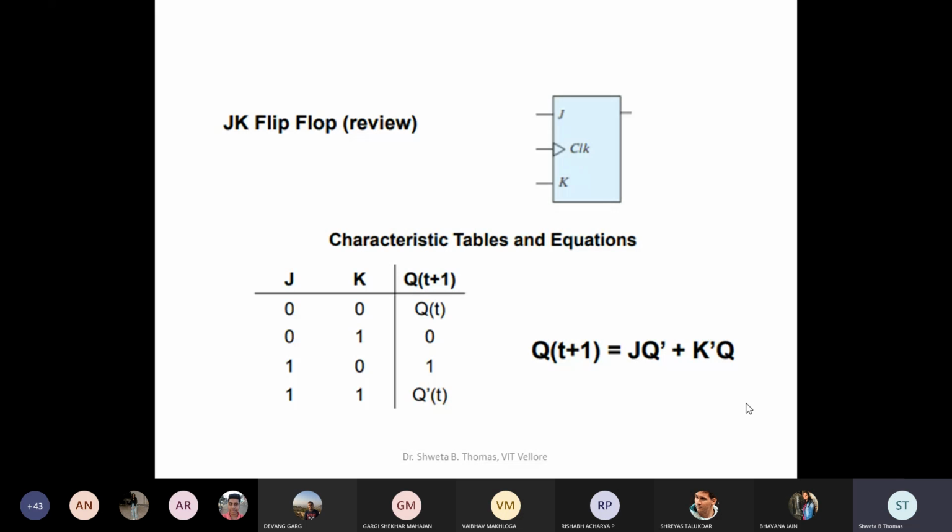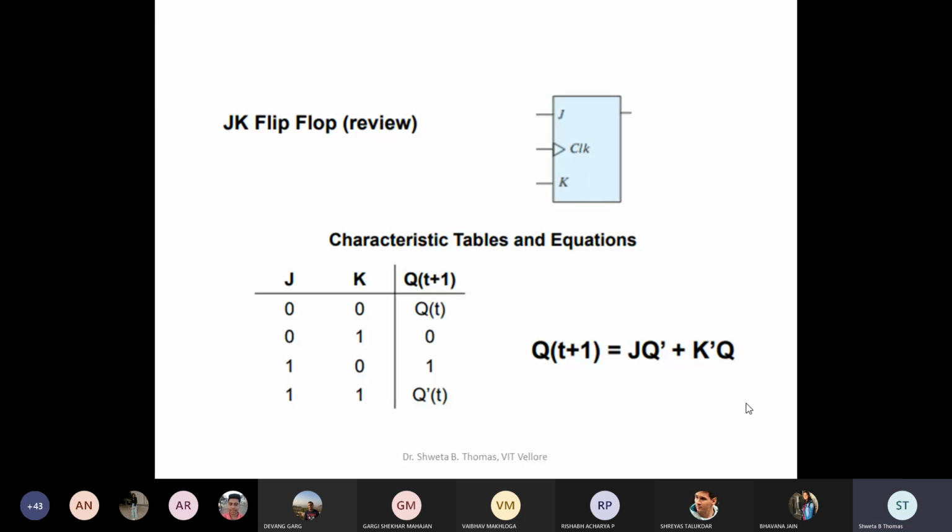If you are not aware of the behavior of flip-flop, then you will not be able to analyze the sequential circuit. So that's why I'm always telling you, first go through the flip-flops and fix everything in one place. Make your own notes, not depend on my PPT.